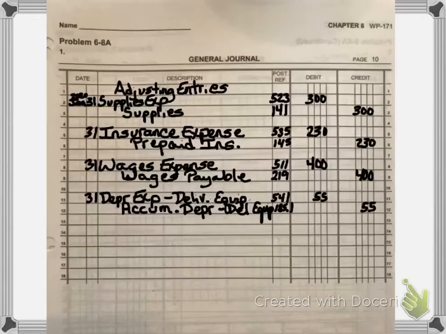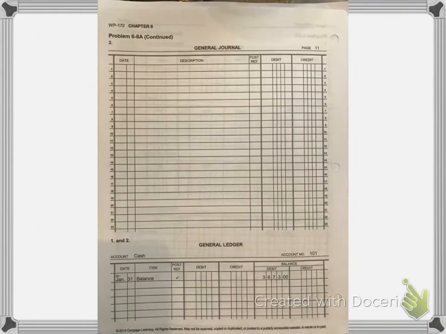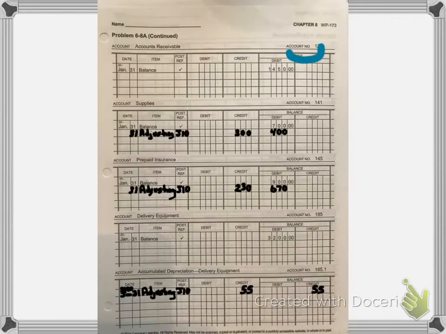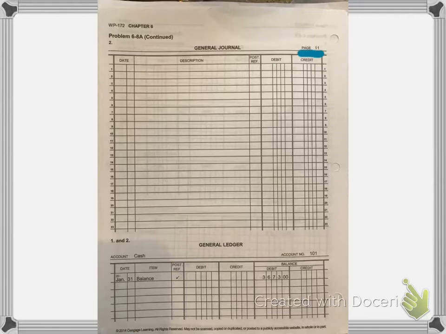So we will go to the journal to make this closing entry. Now, we're going to be on journal page 11. It keeps switching pages on me. Okay, so on journal page 11, we're going to enter our closing entries.